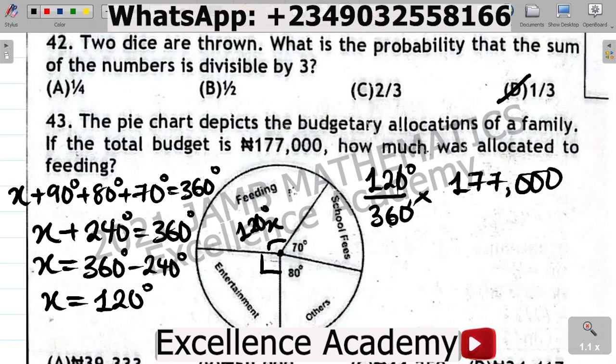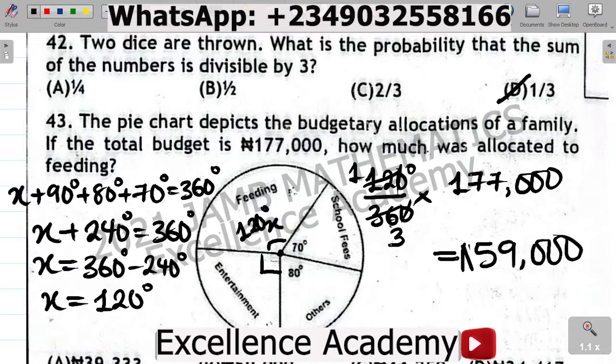Of course, this cancels this 1, and this cancels this 3. So it becomes 177,000 divided by 3. And if you do this, your answer becomes 59,000. So I'll have 59,000 naira as your answer. Right? You could punch this.